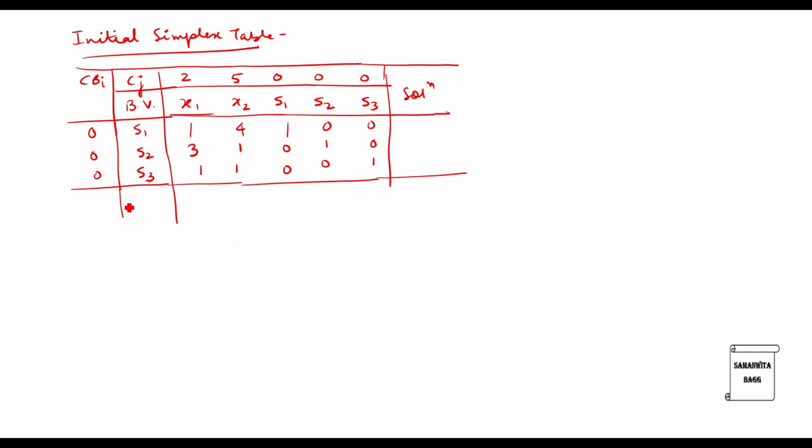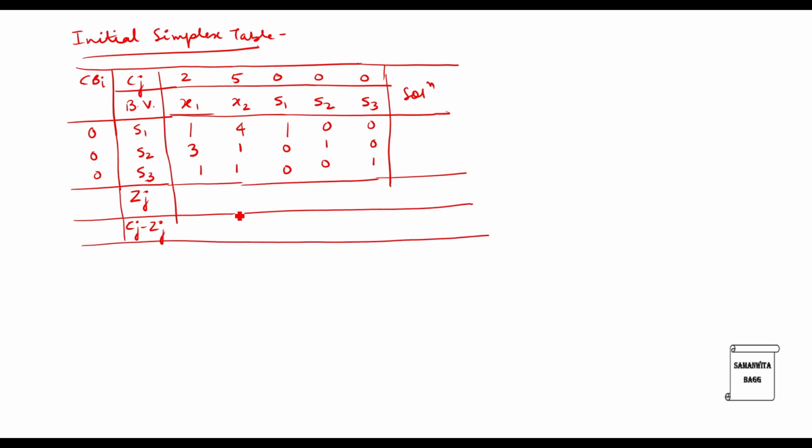Then we will calculate the value of Zj and finally Cj minus Zj. For calculating Zj, we have to multiply 0 into 1 plus 0 into 3 plus 0 into 1, which is 0. Next, 0 into 4 plus 0 into 1 plus 0 into 1, this is 0.